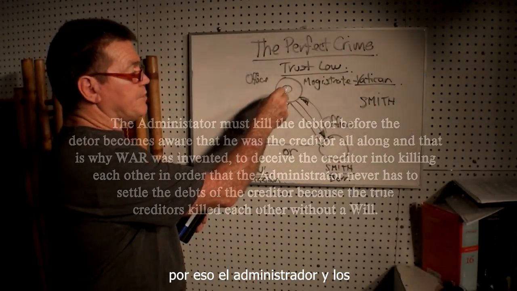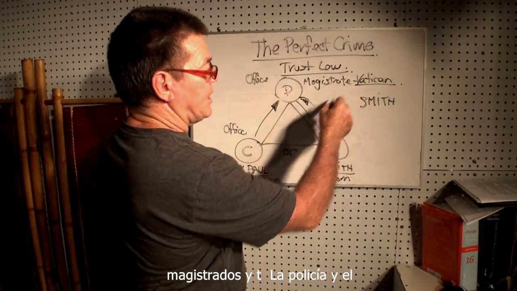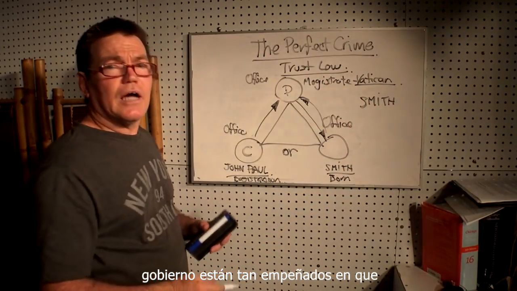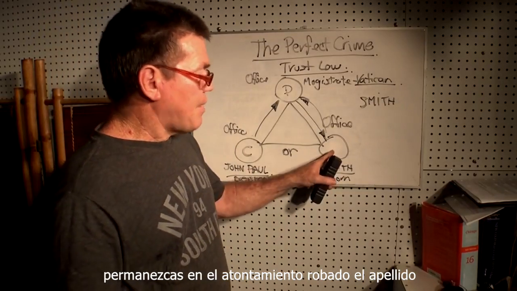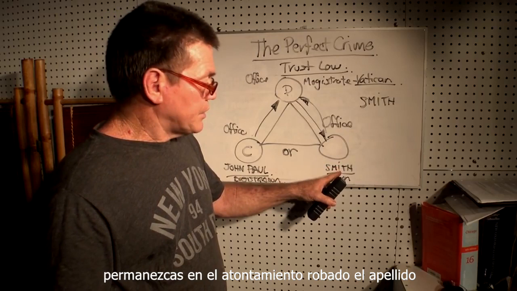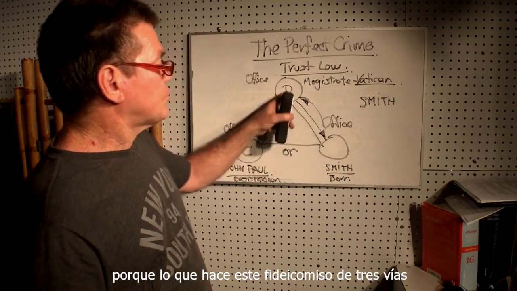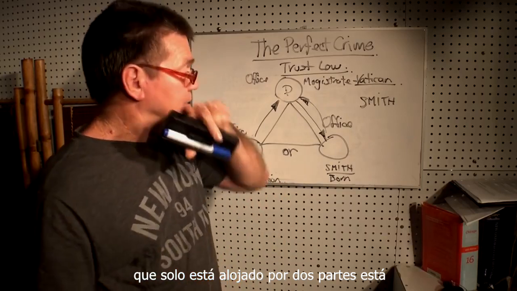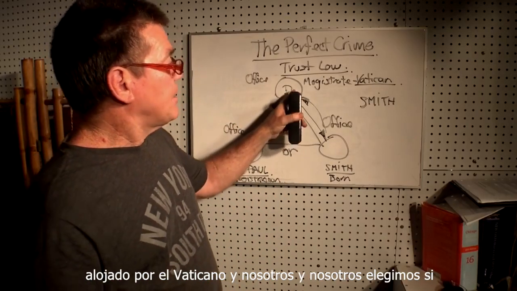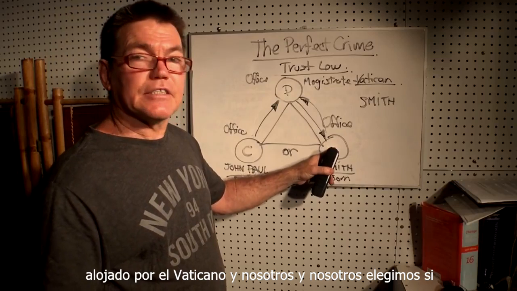That's why the administrator and the magistrates and the police and the government are so hell-bent on you remaining dumbed down, holding the surname, because what this three-way trust does, that is only housed by two parties. It's housed by the Vatican and us.